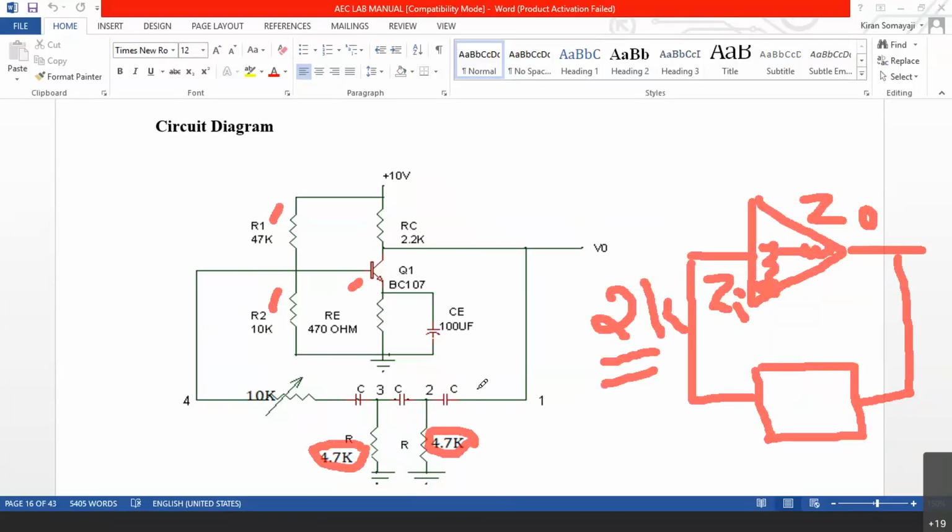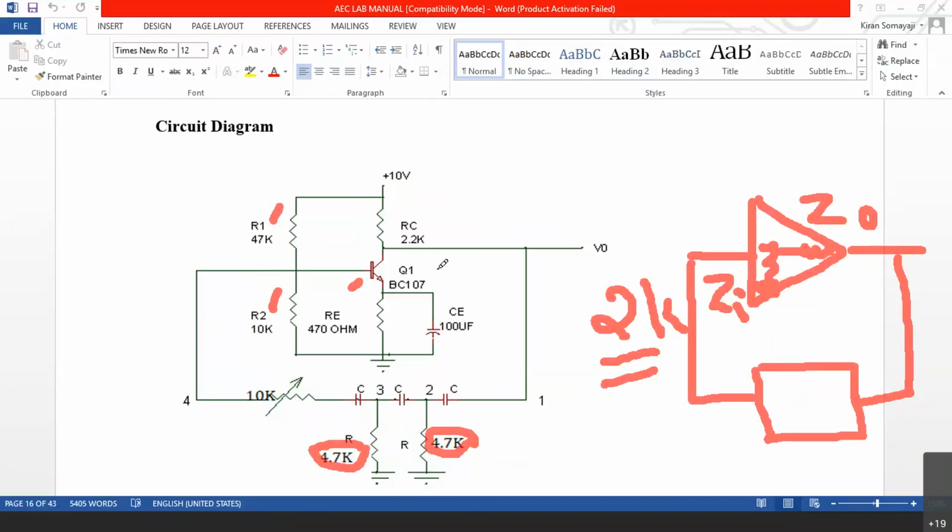Our formula is F equals 1 over 2 pi RC, where R is supposed to be a constant value. Now the third resistor will have a problem. How do we solve it? We cannot solve it so easily, because the input impedance of an amplifier is not a fixed quantity.